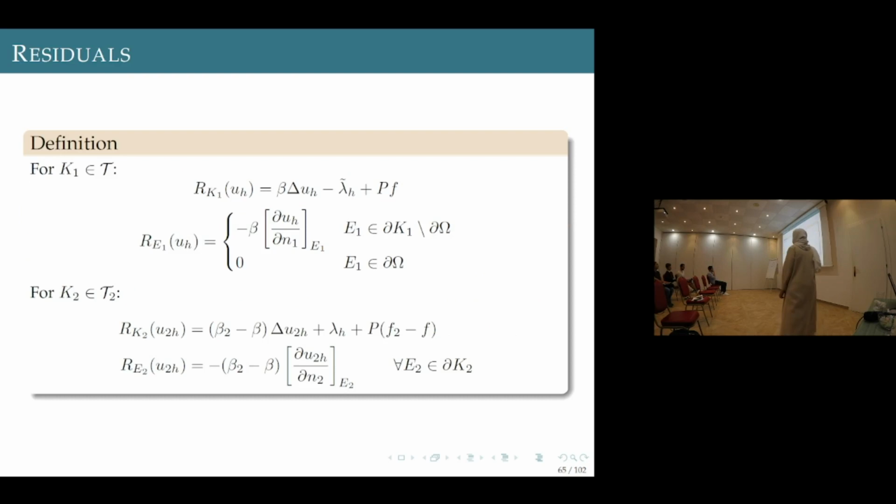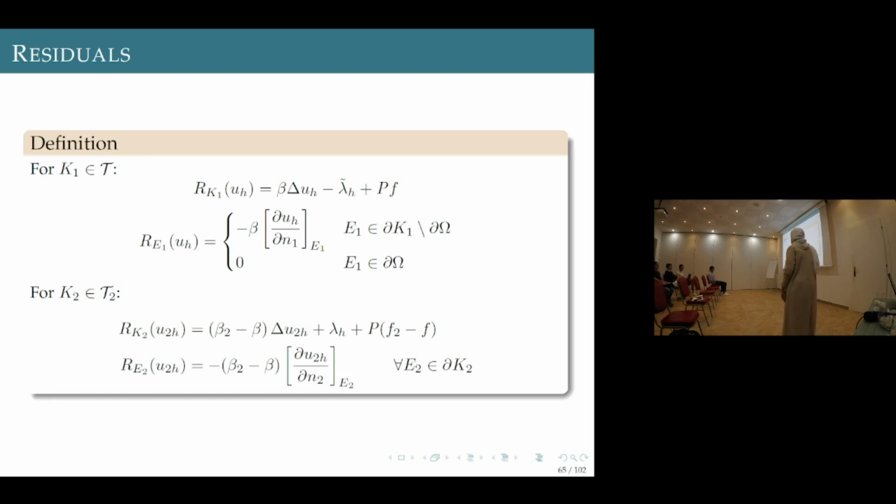Then we define our residuals. The main idea of this residual is that it doesn't make use of any information about the continuous or exact solution. We don't know anything about the exact solution; as you can see here, we are only using the discrete solutions. We have two sets of residuals, one for each mesh.